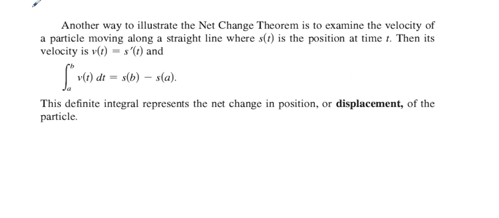Another way to illustrate this net change theorem is to examine the velocity of a particle with the position. Because what's the antiderivative of velocity? Position. You guys attacked physics in this kind of manner: final position minus initial position, right? This is change in position.